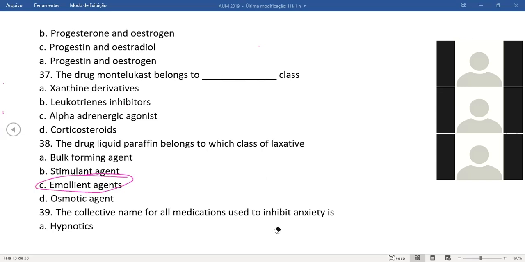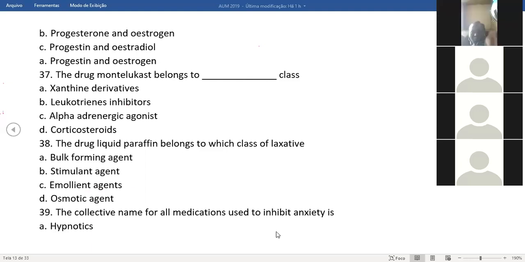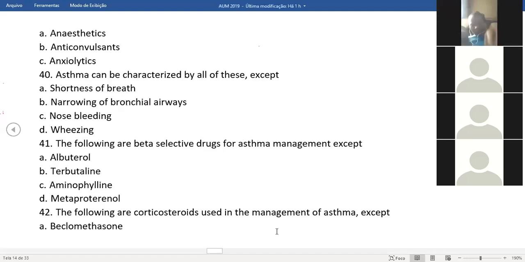The collective name for all medications used to inhibit anxiety is A, hypnotics, B, anesthetics, C, anticonvulsants, D, anxiolytics. Anxiolytics. So our answer is anxiolytics.